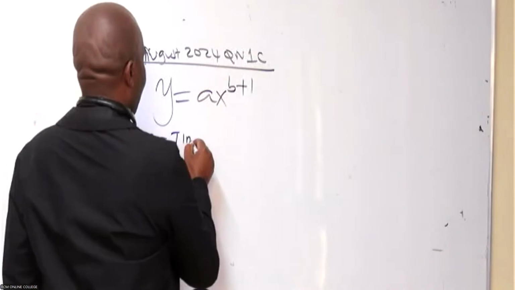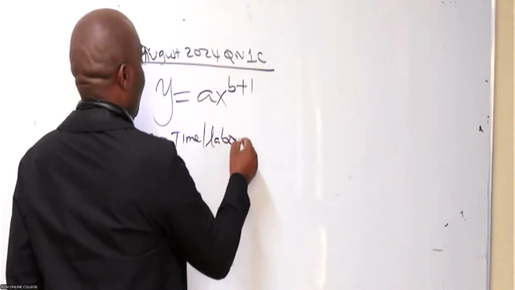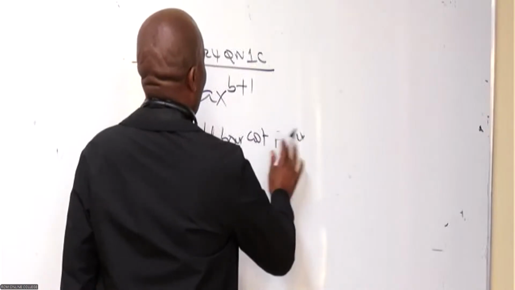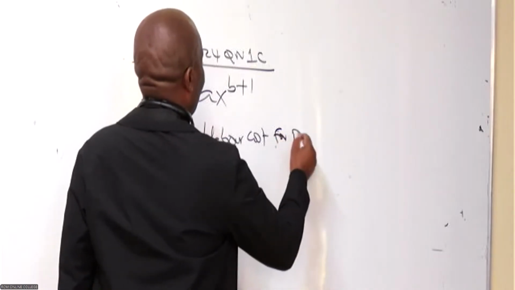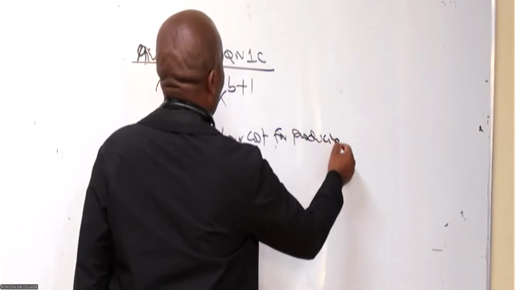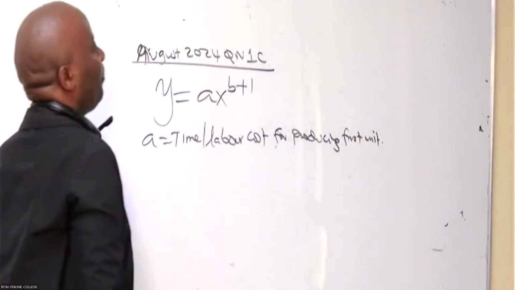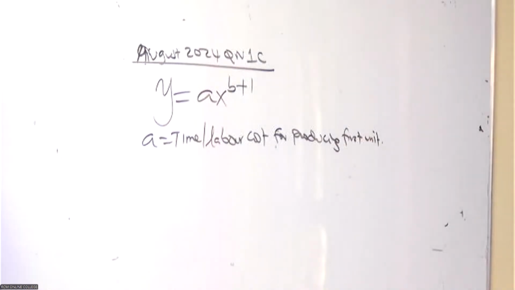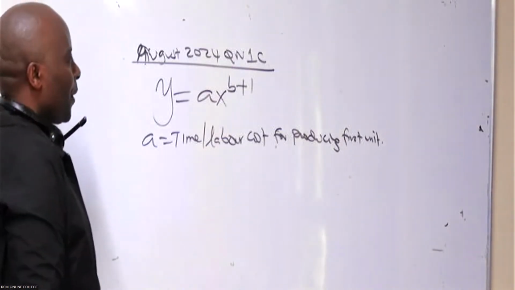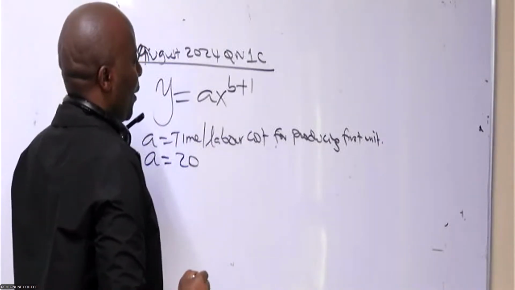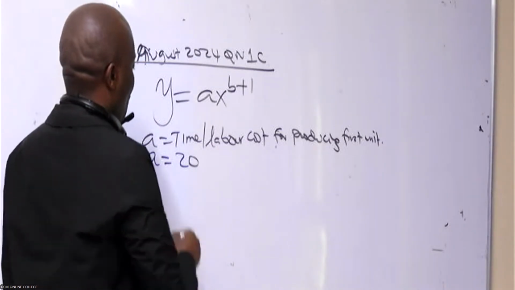A is the time or labor cost per unit for producing the first unit, which in this case they've given us as 20.